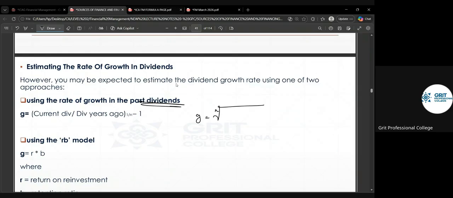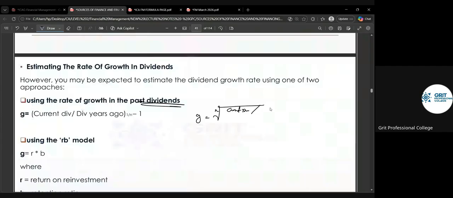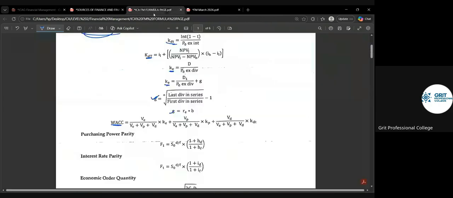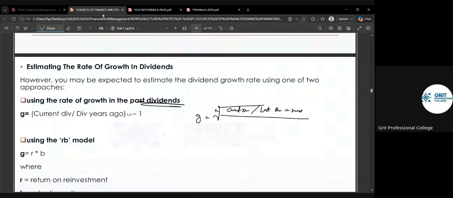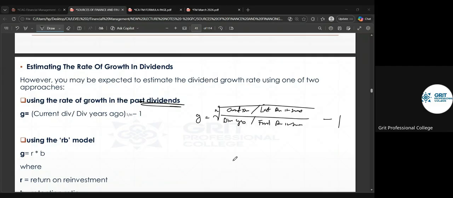In the nth root, it says current dividend in my lecture notes, or per the formula sheet, the last dividend in the series, over, in the formula sheet, the first dividend. In my lecture notes, it says the dividend years ago, or here it says the first dividend in the series. So you are given a series of dividends. The first and last, that is what it means, minus 1. That is the first way of calculating the growth rate in the company's dividend.